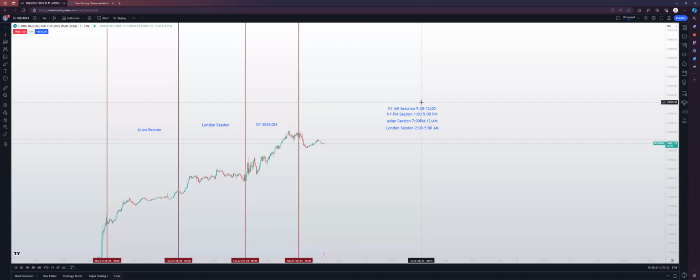Meaning, if you don't like what you're seeing from 9:30 to say 12, then you simply should wait to place a trade until it's the PM session, which is from 1 to 5 p.m. Does that make sense? And this applies to options and futures as well. It does not matter. It's just the market in general and which time frames you want to look to execute trades at.